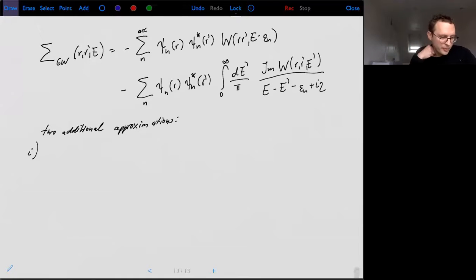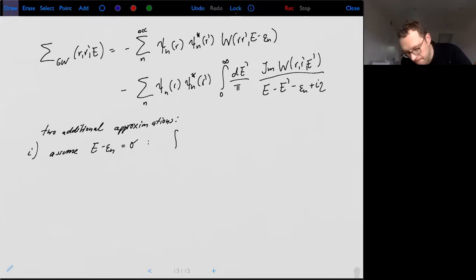In one type of approximation, you assume that E minus epsilon n is small. And in that case, the integral looks like this.